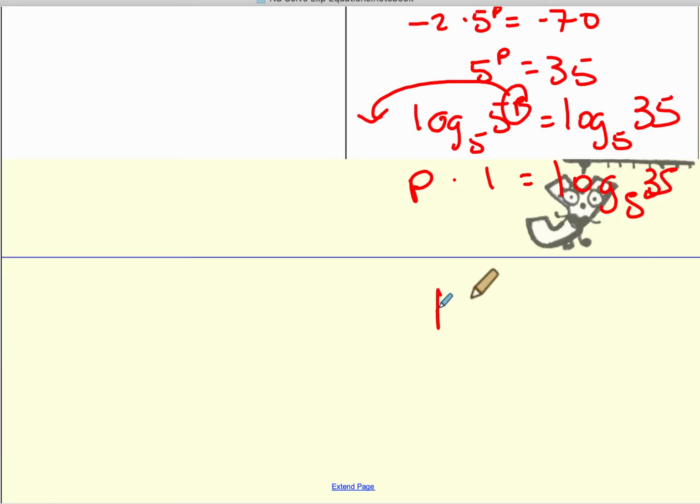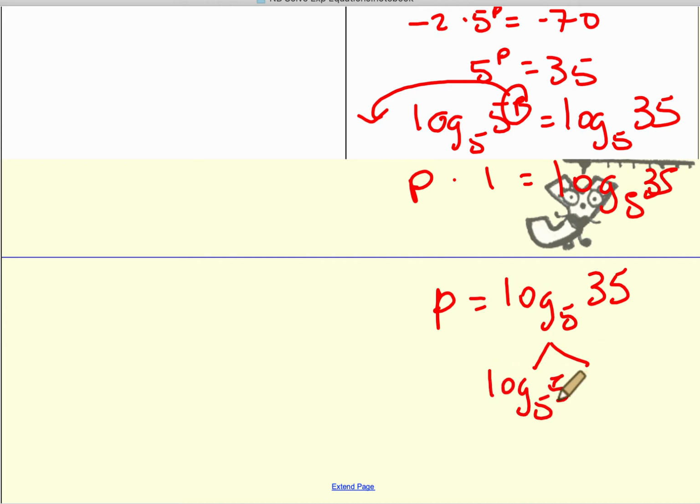So I get p is log base 5 of 35. Now I could go a little bit further with this because 35 is the same as 7 times 5. So that would give me log base 5 of 5 plus log base 5 of 7, which is 1. So it gives me 1 plus log base 5 of 7.